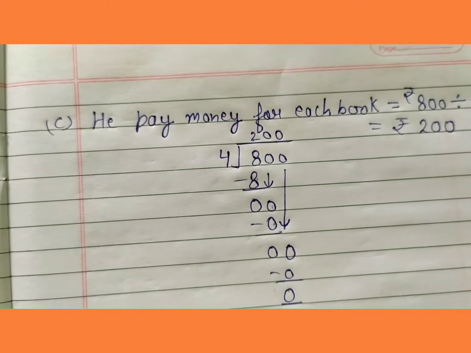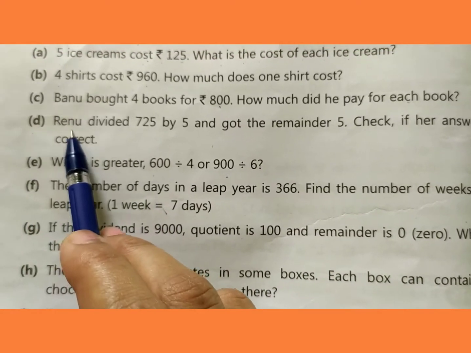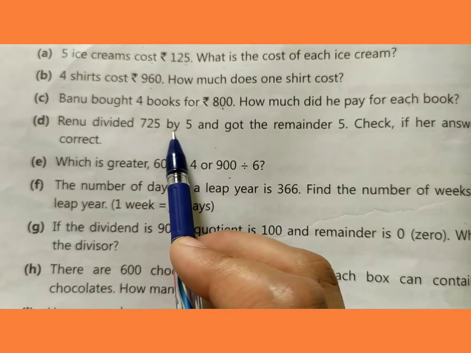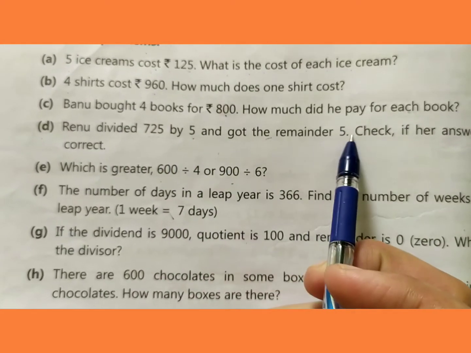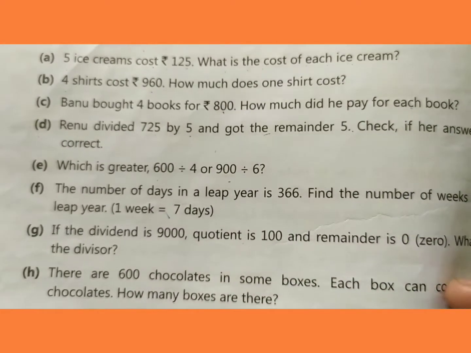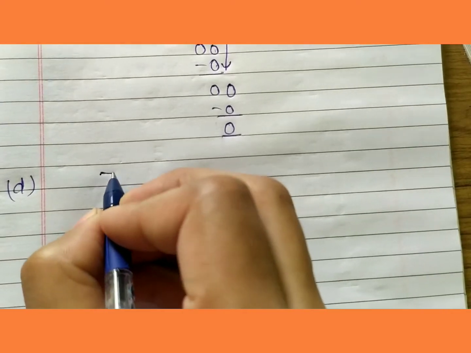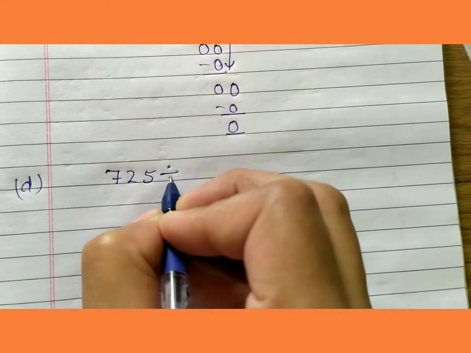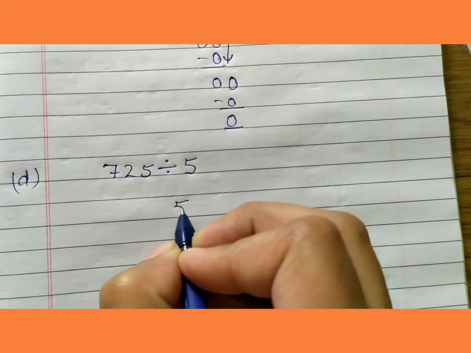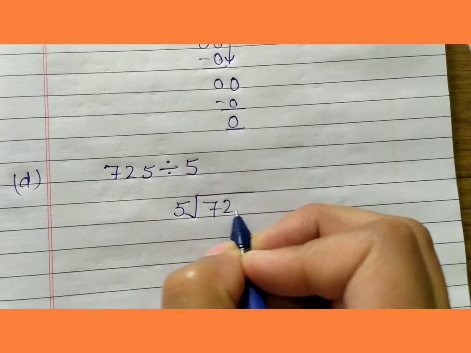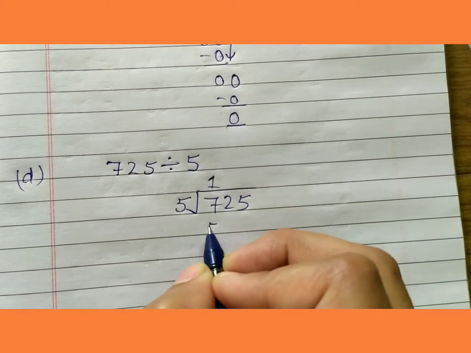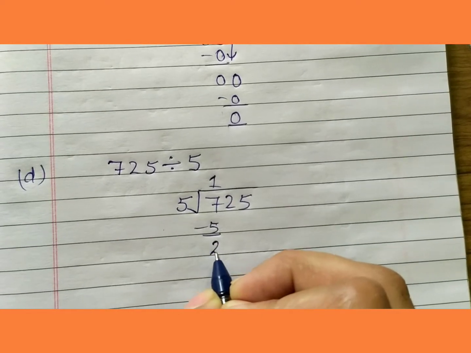Okay children. Next question D. Renu divides 725 by 5 and got the remainder 5. Check if your answer is correct. 725 divided by 5. 5 ones are 5. 7 minus 5 equal to 2.